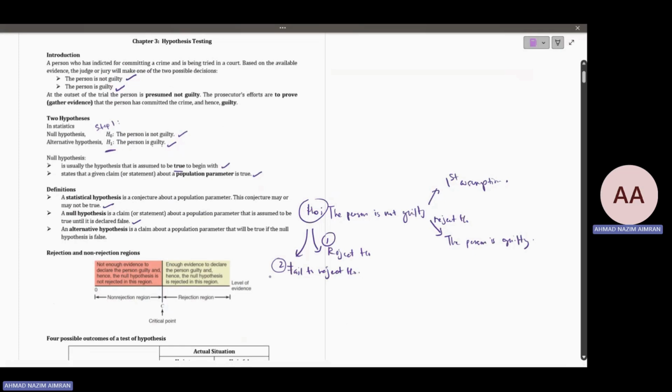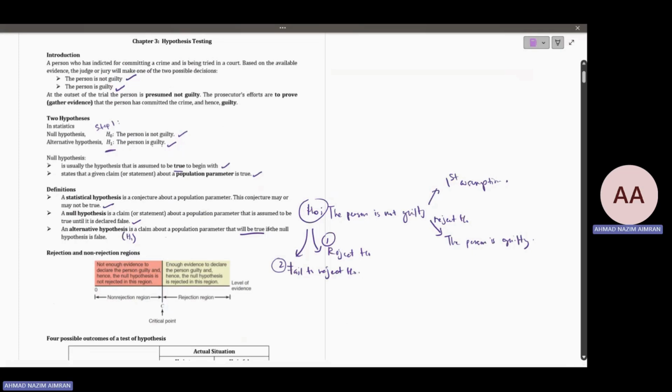So when it comes to making a conclusion in hypothesis testing, you must make sure that your conclusion is based on the null hypothesis only, H null, not the H1. And the last one is the alternative hypothesis, or H1. The alternative hypothesis H1 is a claim about a population that will be true only if the null hypothesis is false.